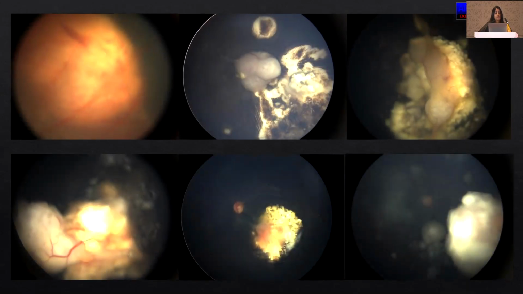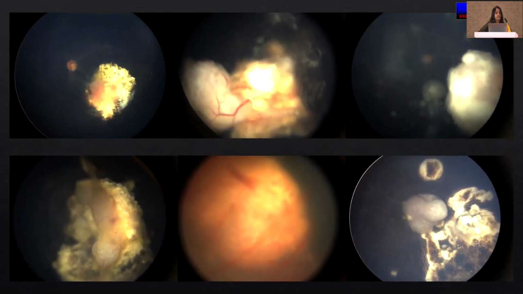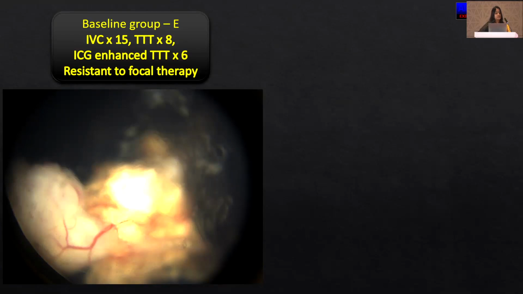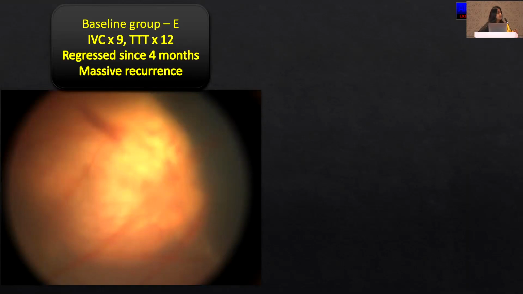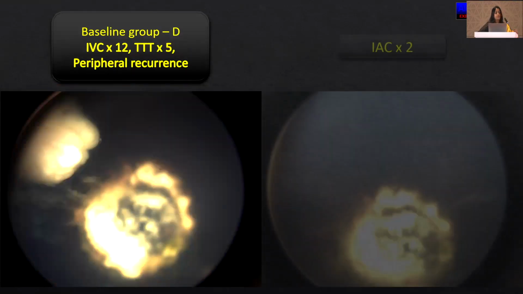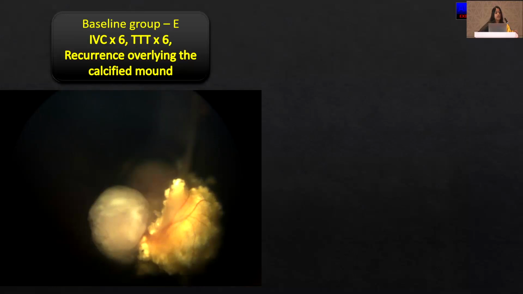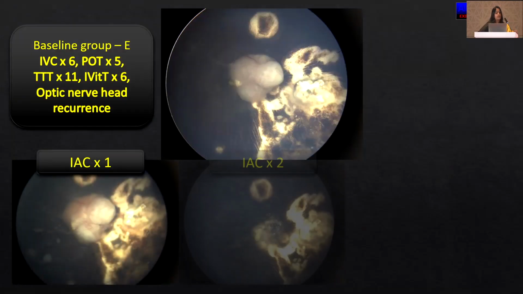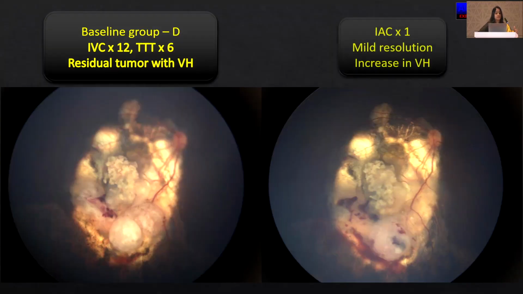We also saw that in cases with refractory RB, residual RB, and even tumor recurrences, secondary IAC showed excellent response in cases resistant to focal therapy, with massive recurrence, peripheral recurrence, vitreous seeds, and recurrence overlying the calcified mound; all gone, and optic nerve head recurrence also showed an excellent response.